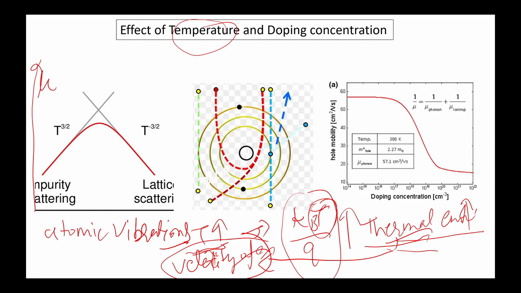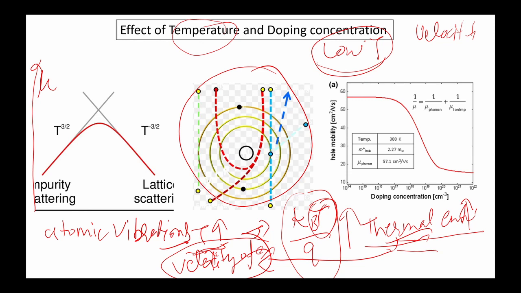At lower temperatures, the velocity will be less. If the velocity is less, the scattering is more, as I have shown you.